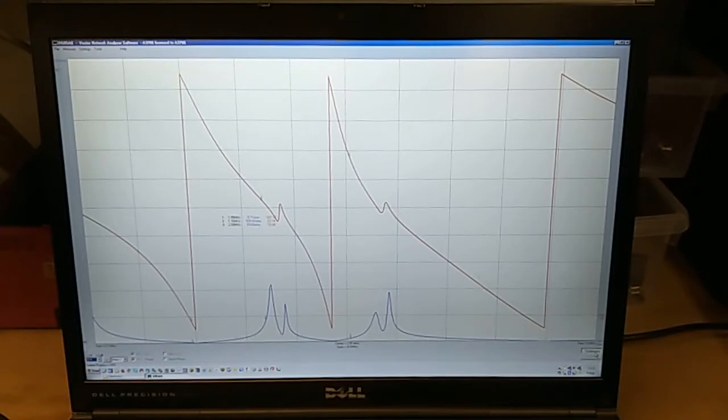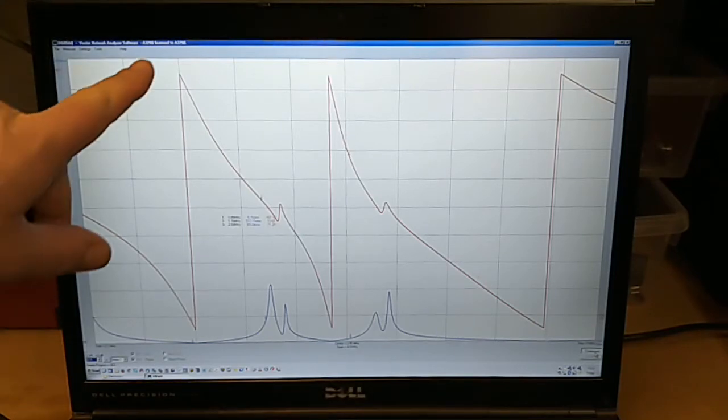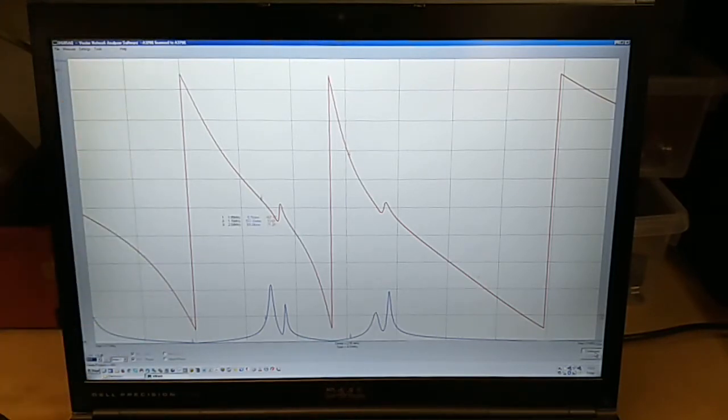So there we're about balanced between the two. Probably around about 800 to 850 picofarads. Again, this hasn't really changed, well, not very much at all.